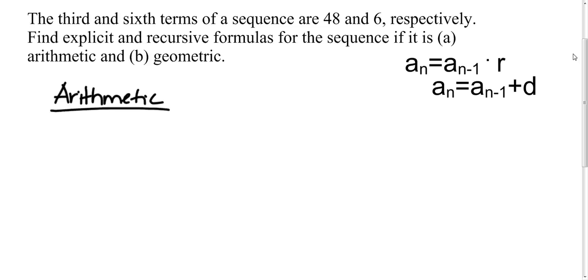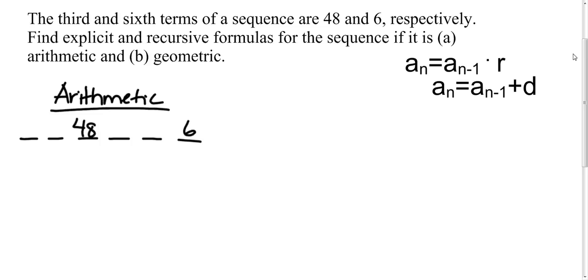Okay, here's what I want you to think about. If it's arithmetic, so I have 1, 2, 3, 4, 5, 6 terms, the third term is 48, and the sixth term is 6. If it's arithmetic, I am adding or subtracting to get to the next number every single time.